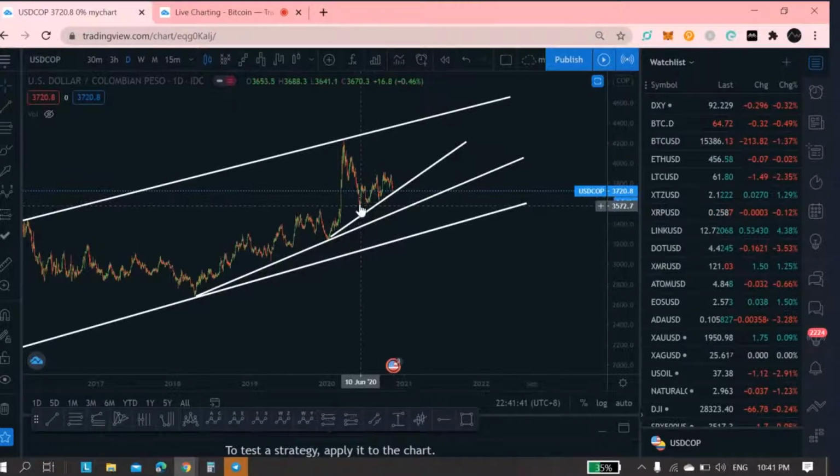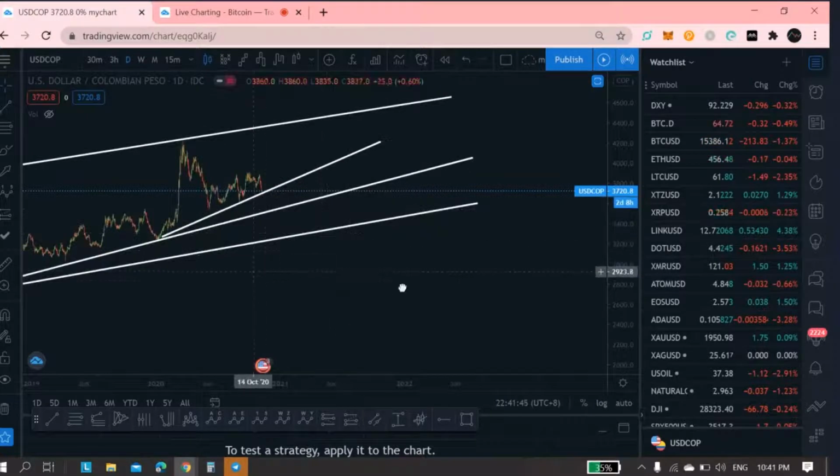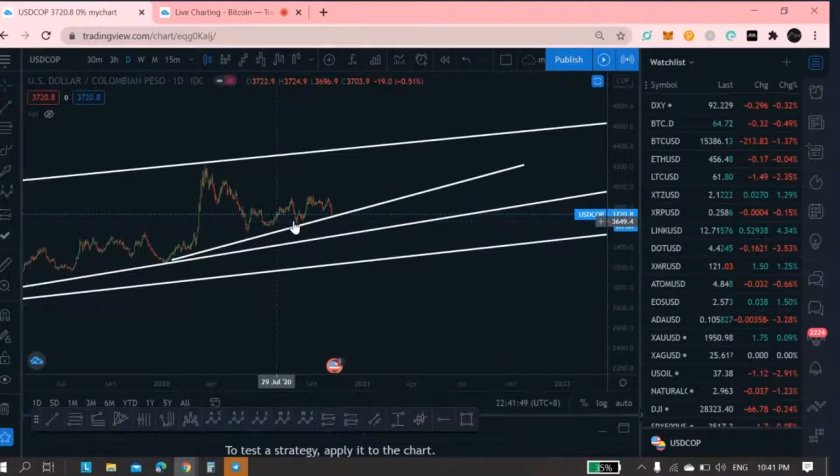If this holds, because as you can see, this is the previous support area.